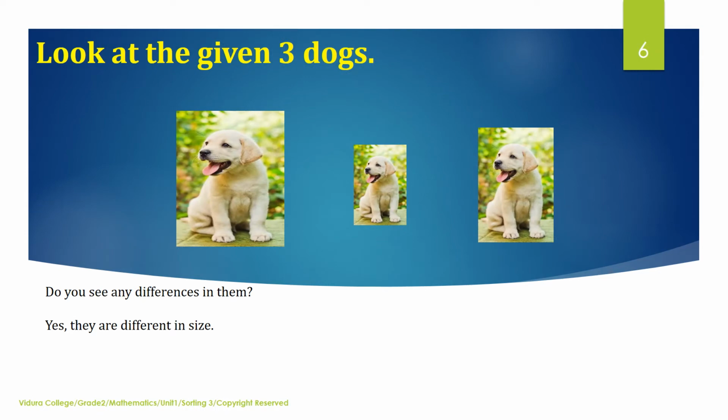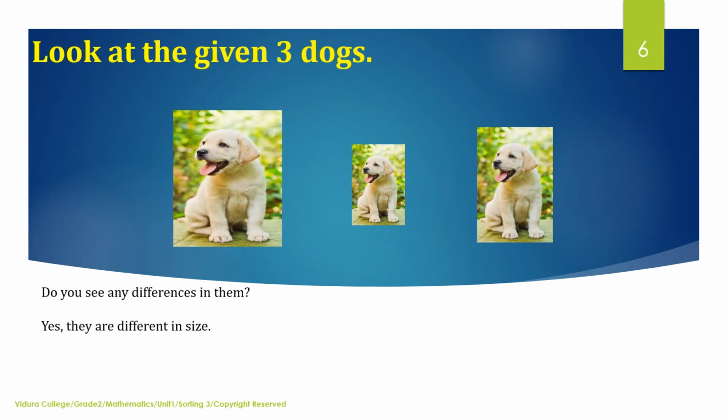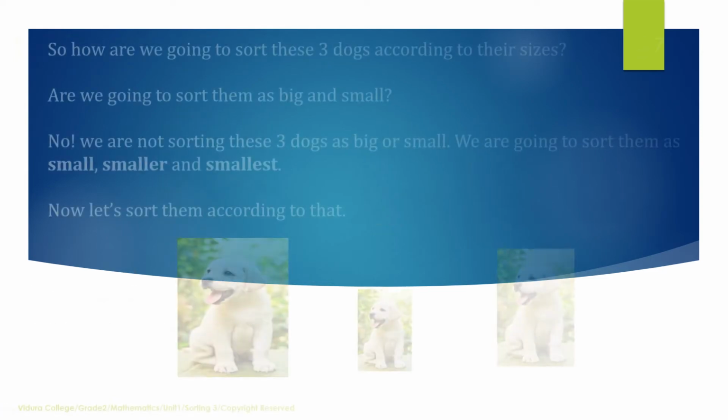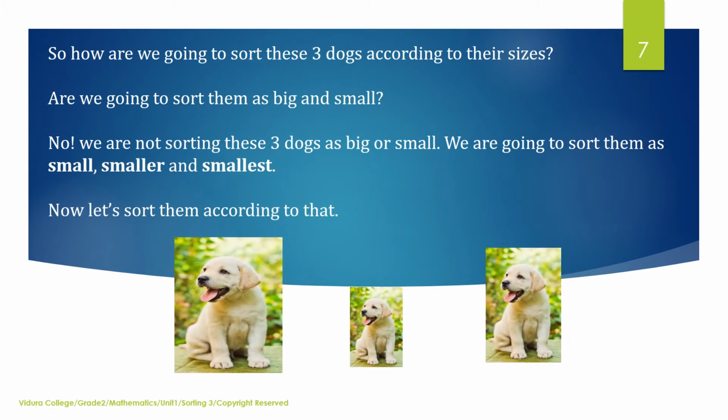Look at the given 3 dogs. Do you see any differences in them? Yes, they are different in size. So, how are we going to sort these 3 dogs according to their sizes?